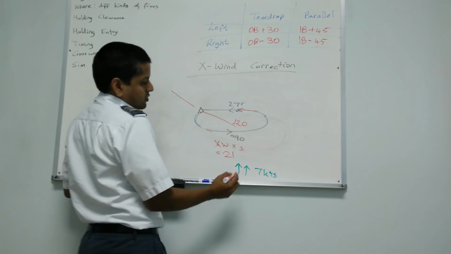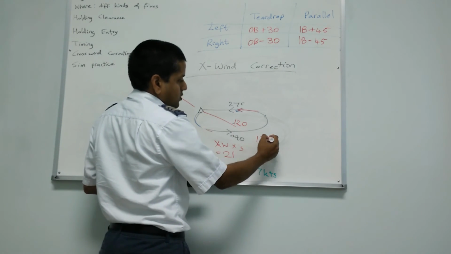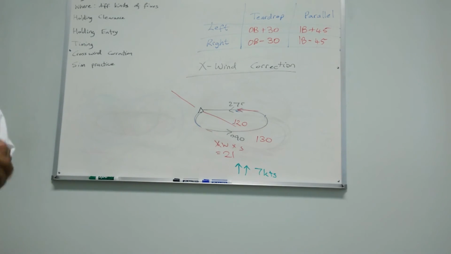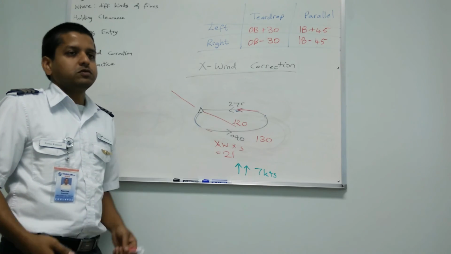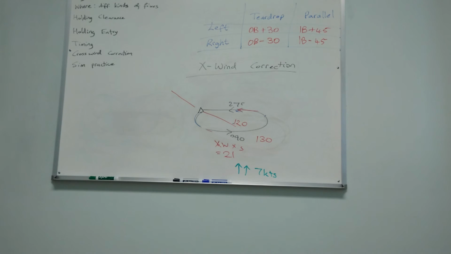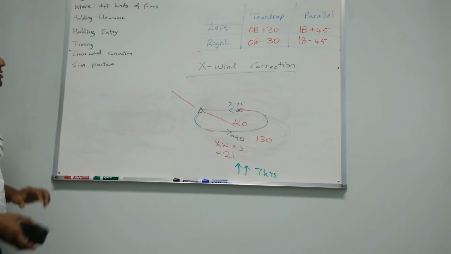You have crosswind 7 knots, you can estimate, make it 130. And then you turn, and then you just adjust so you can find out what heading on the outbound gives you a nice standard rate turn, wings level, needle centered on the inbound.